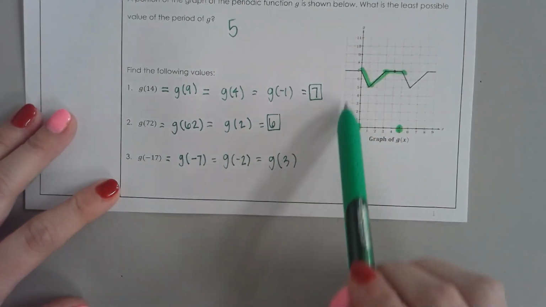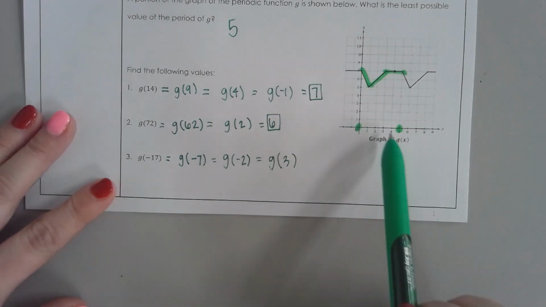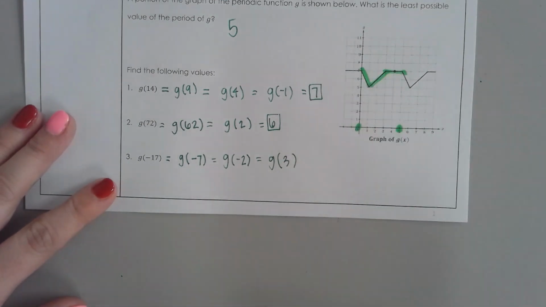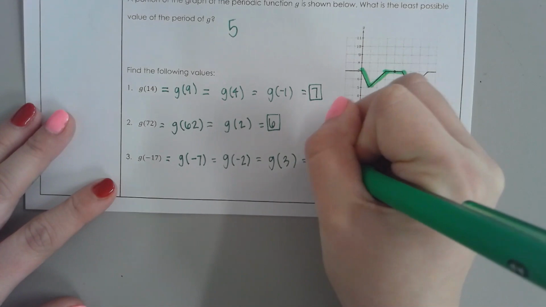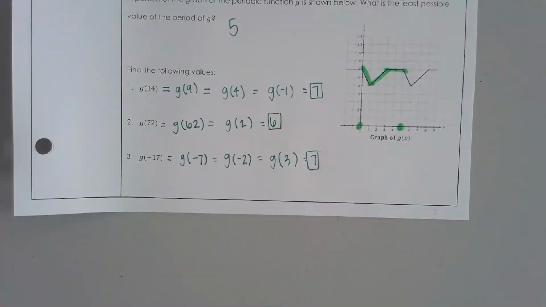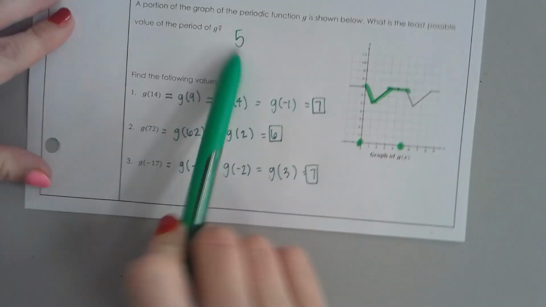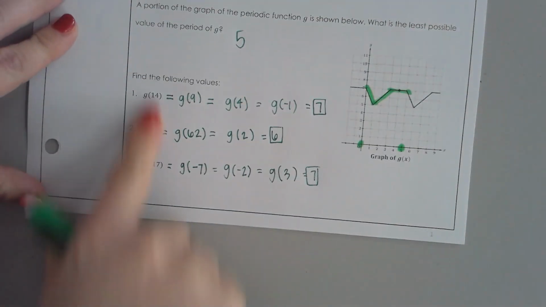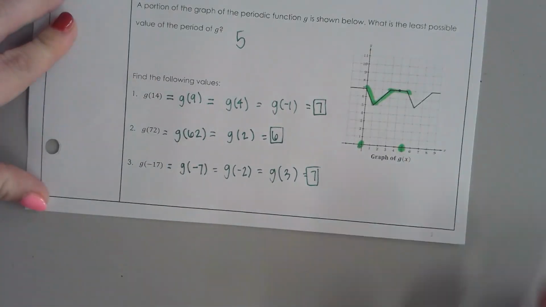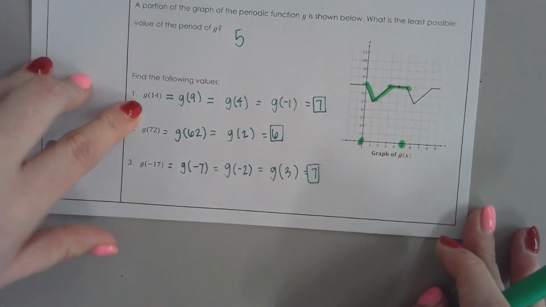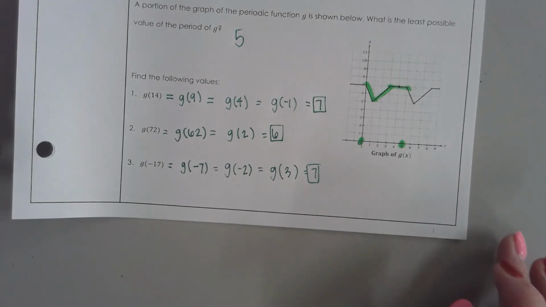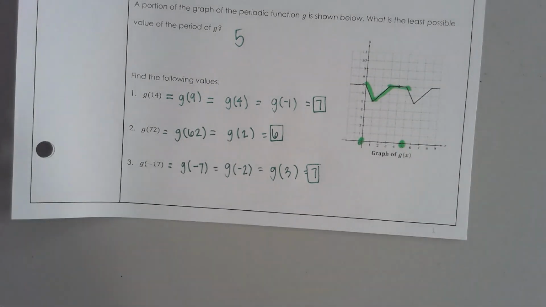So G of negative 2 is 7, G of 3 is 7. So whatever the period is, you add or subtract multiples of that number and your y values are going to be the same. Are there any questions on that?